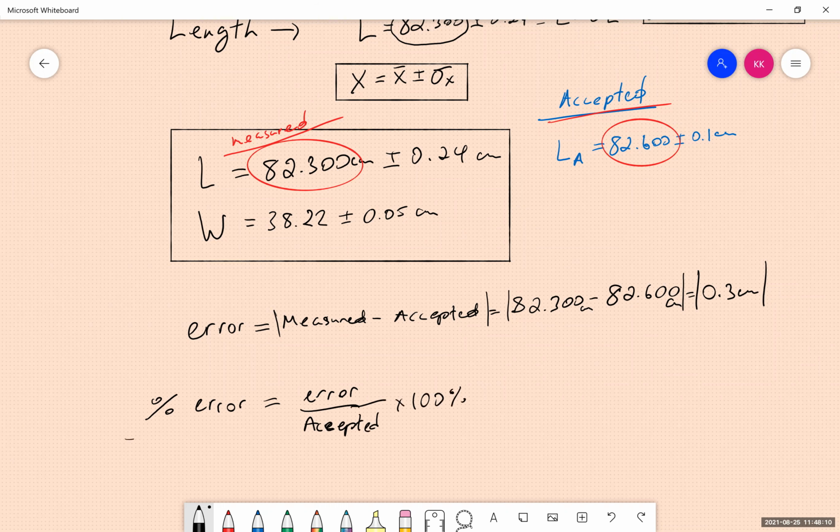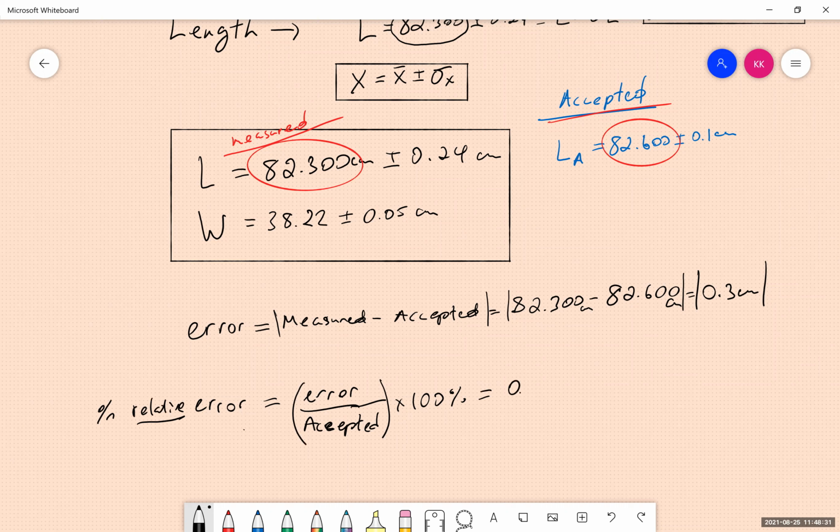So that's why it's a percent. Sometimes it's known as percent relative error. This relative term means that it's a ratio of error over accepted. So that's a relative error. Relative error is the ratio of error over accepted times 100%.